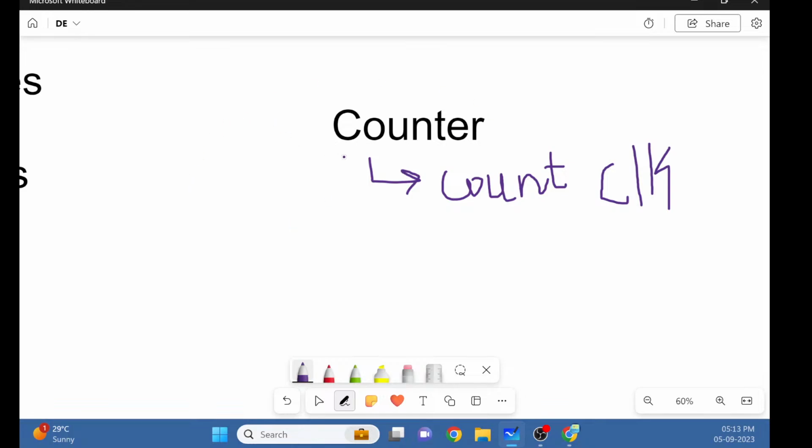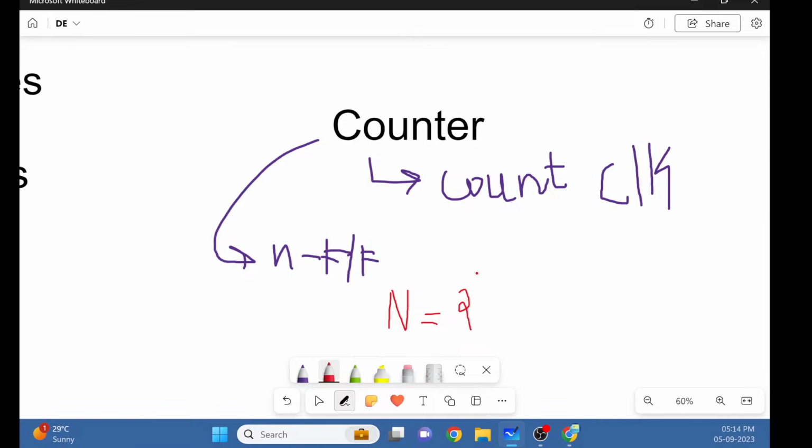Let's consider a counter having n flip-flops. It will have a maximum possible number of states, represented by capital N, equal to 2 raised to n.